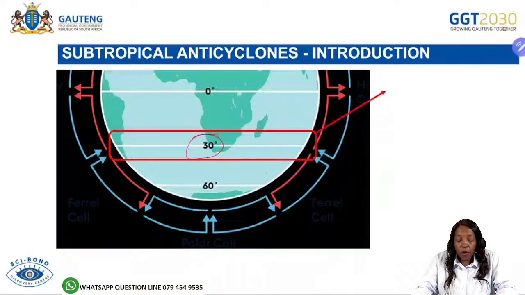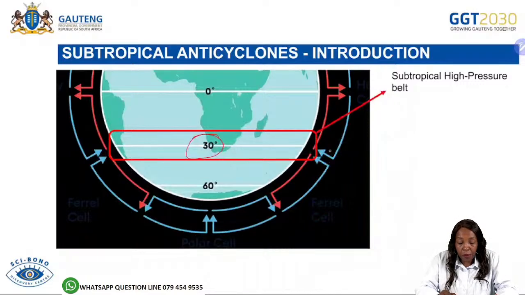Right, and then when you look at this diagram also, it is showing you this tricellular circulation. But before I explain how this high pressure developed here, let's look at other things that we are also given indication of. I have indicated that it is formed where? Within the subtropical high pressure belt, which is the 30-degree latitudes there.